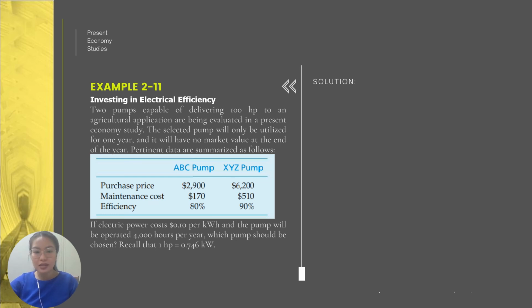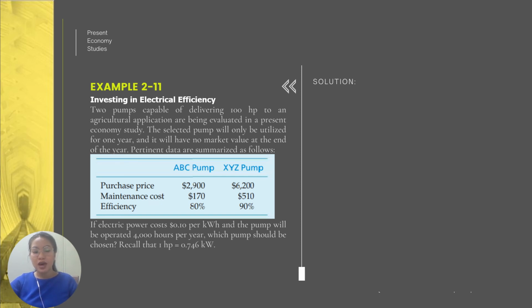This is the data in the table. Let's say we have the ABC pump, pump 1. Pump number 2 is, let's say, the XYZ pump. The table gives the purchase price, the maintenance cost, and the efficiency. If electric power costs 0.10 per kilowatt hour, and the pump will be operated 4,000 hours per year, which pump should be chosen?